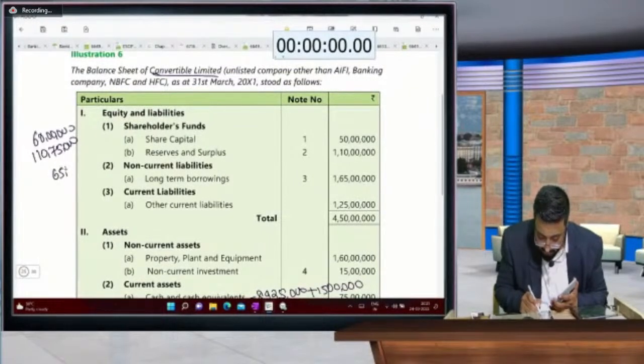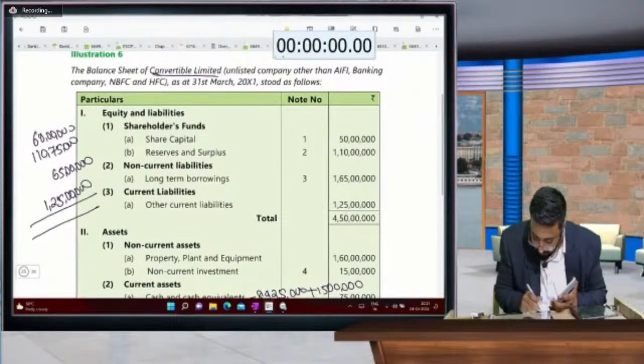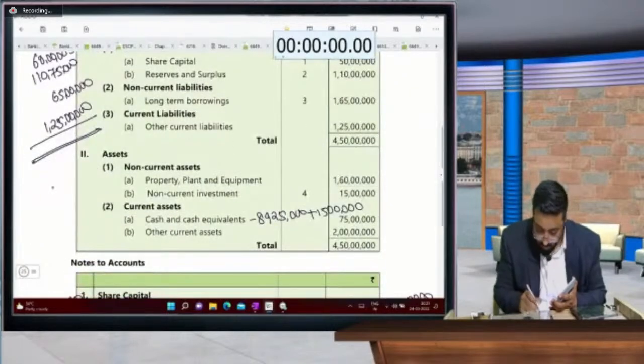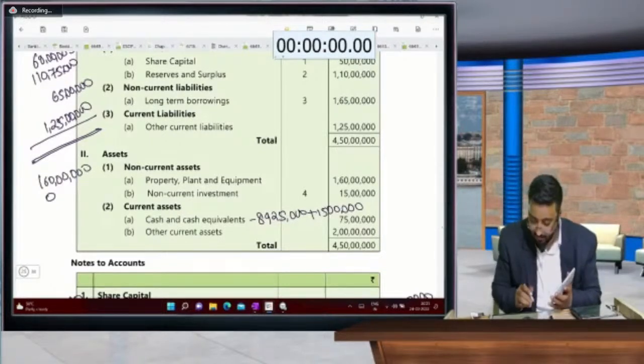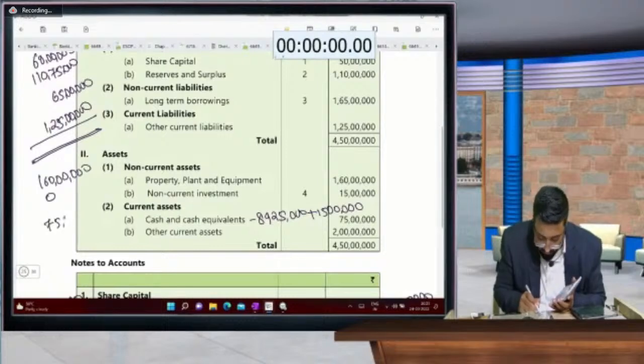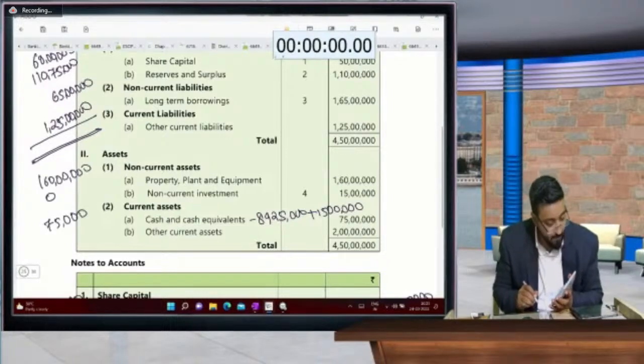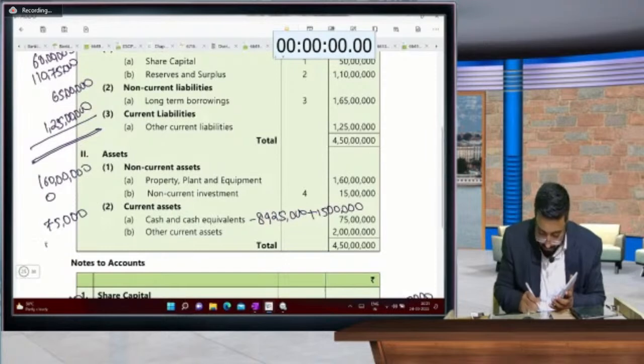Share capital 60 lakhs. Reserves 1 crore 10 lakh 75,000. Long-term borrowing 65 lakhs. Other current liability 1 crore 25 lakhs. Property 1 crore 60 lakhs. Cash and cash equivalent 7,500 minus 8,925 plus 1,500. I have ignored the last 3 zeros. So this is 75,000 and this is 2 crores.